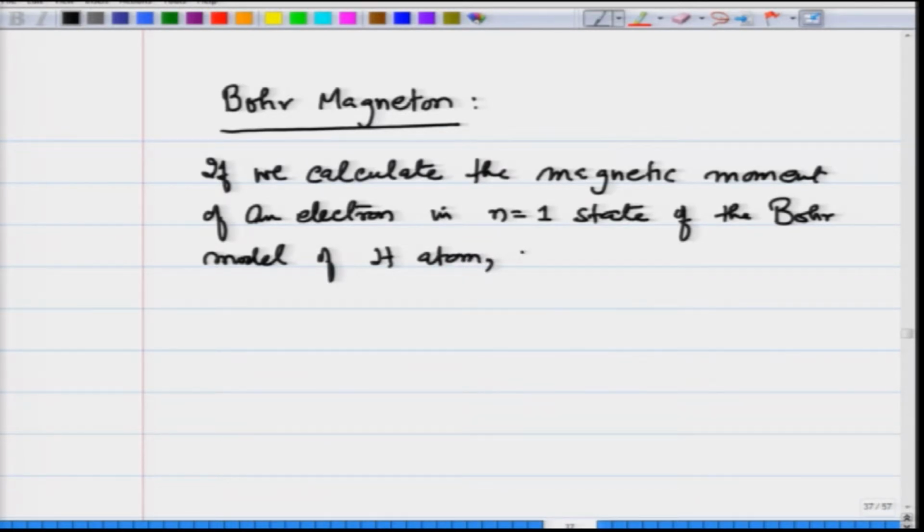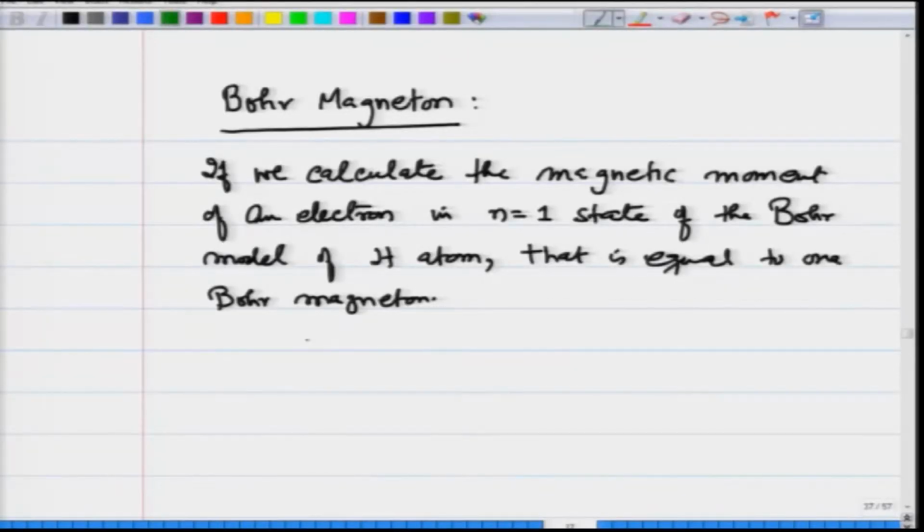That is equal to 1 Bohr Magneton. So, this is a number, because after you solve the Schrodinger equation, you know that there is no angular momentum or no magnetic moment for the n equals 1 state, but this gives us a number.